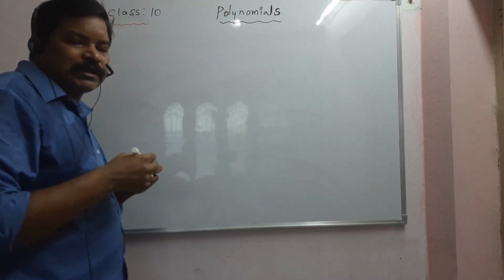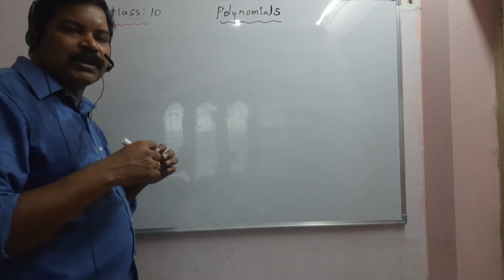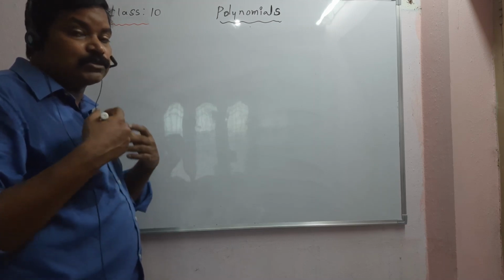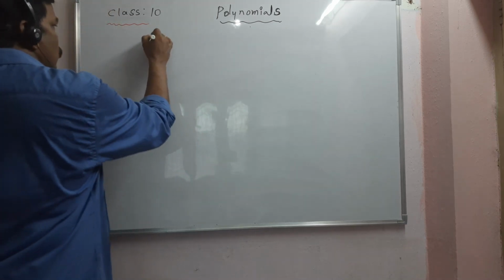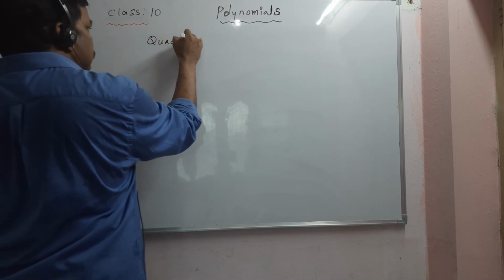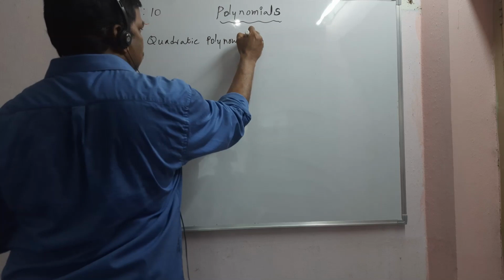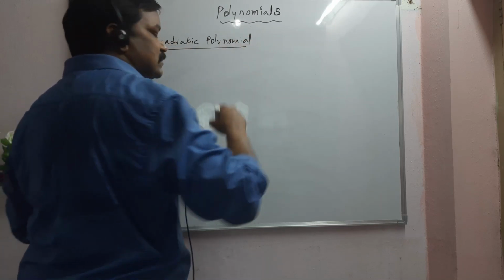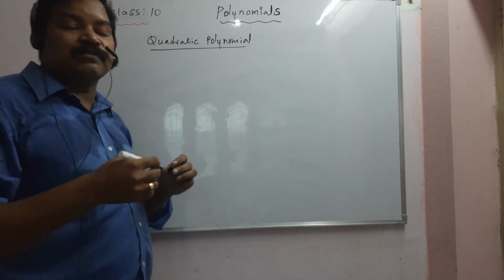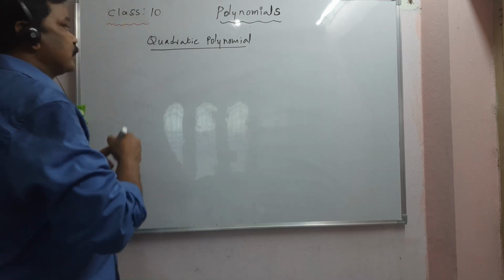Now I am going to write a quadratic polynomial when alpha and beta are given. That means when the two zeros are given. It's very important, children. This concept is helpful for solving the next exercise.